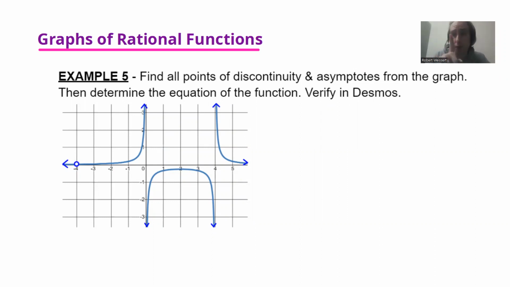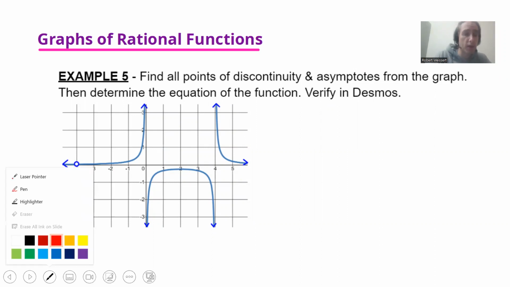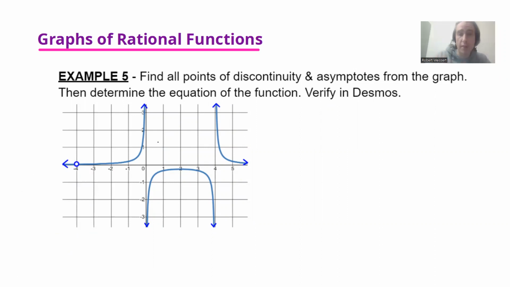The thing I want to start with first is to come up with the vertical asymptotes. If you look on the graph here, you're going to notice that it appears that this line right here is a vertical asymptote. And that's going to be x equals, and it looks like x equals 0 right here, right?